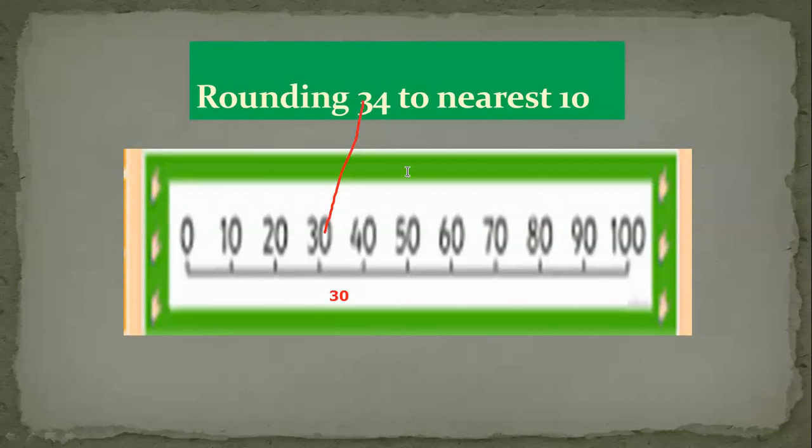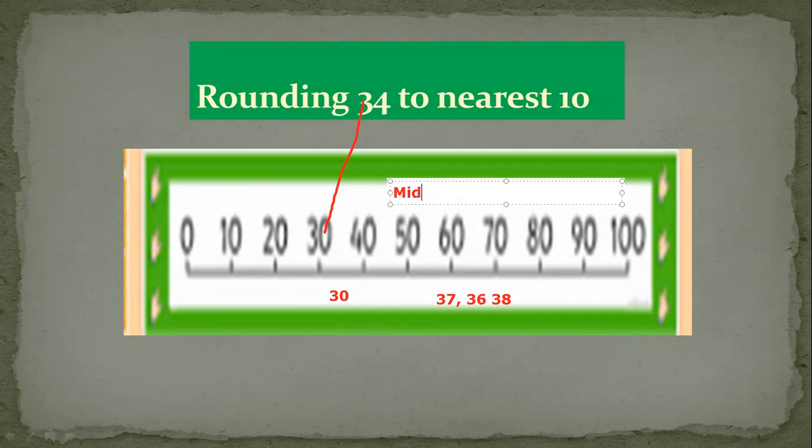If the number was 37, or 36, or 38, these numbers are more than the midpoint. What is the midpoint between 30 and 40?